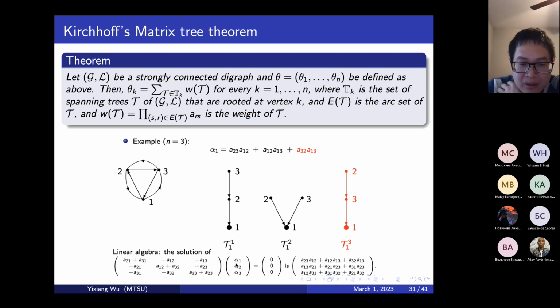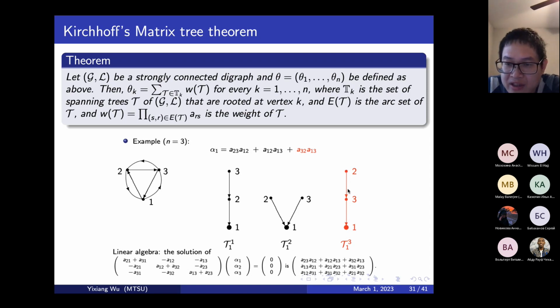You can easily compute alpha 1, which is a cofactor. Alpha 1 is a sum of 3 terms, just like zeta 1, and each term corresponds to a spanning tree. For example, the red term here, A32 A12, corresponds to the spanning tree 2, 3, 1.